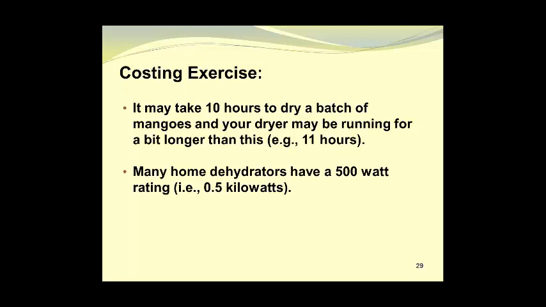Many home dehydrators have a 500 watt rating. 500 watts is equivalent to half or 0.5 kilowatts. We're going to assume that the cost of electricity is 68 cents or 0.68 Caribbean dollars per kilowatt hour.